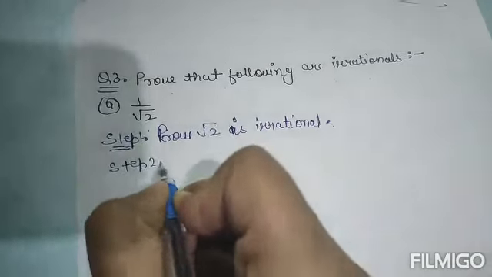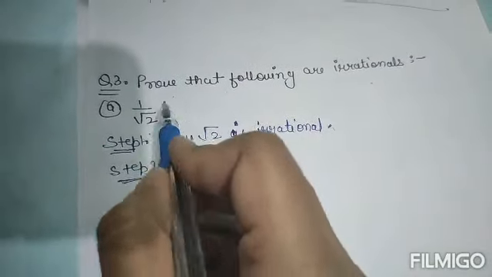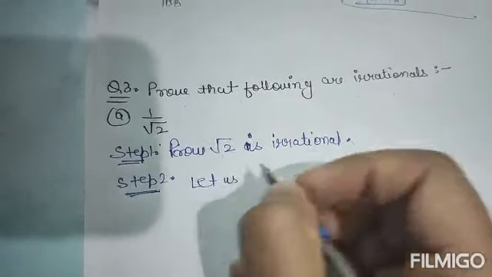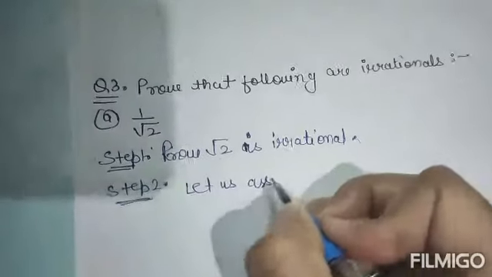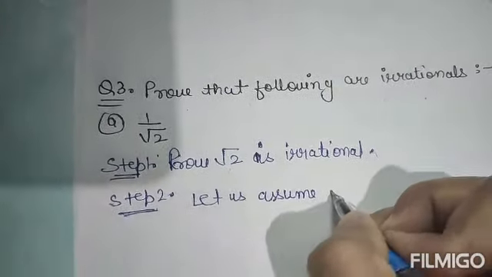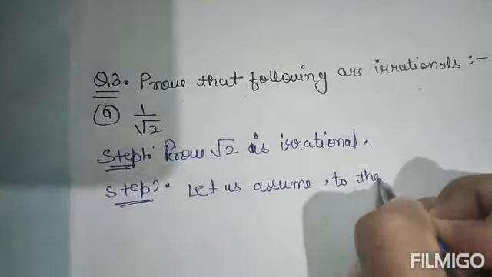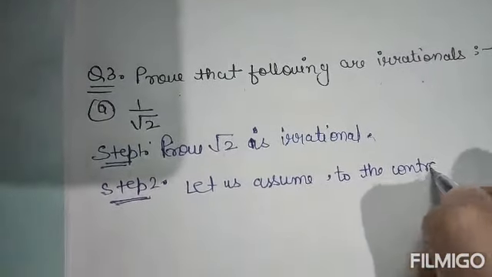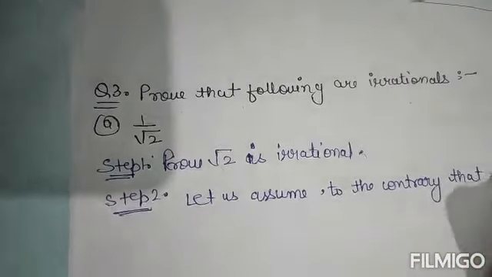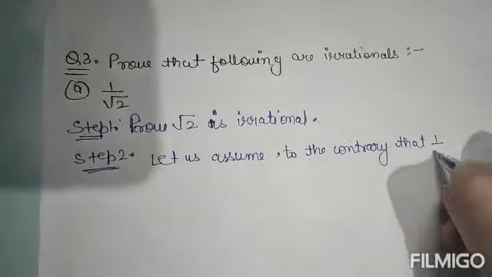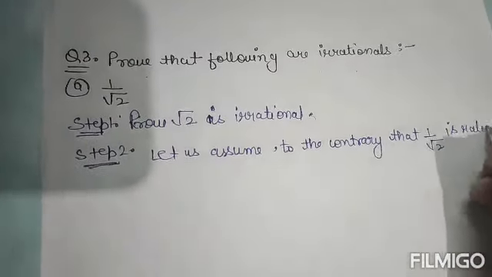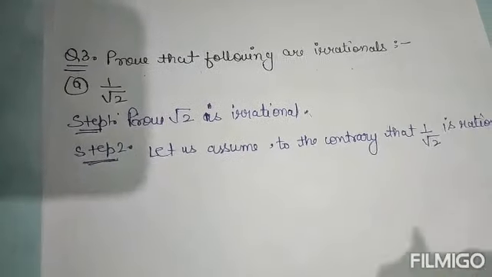Now what will be the step 2? Now let us assume to the contrary that 1 upon square root 2 is rational, same as question 2.